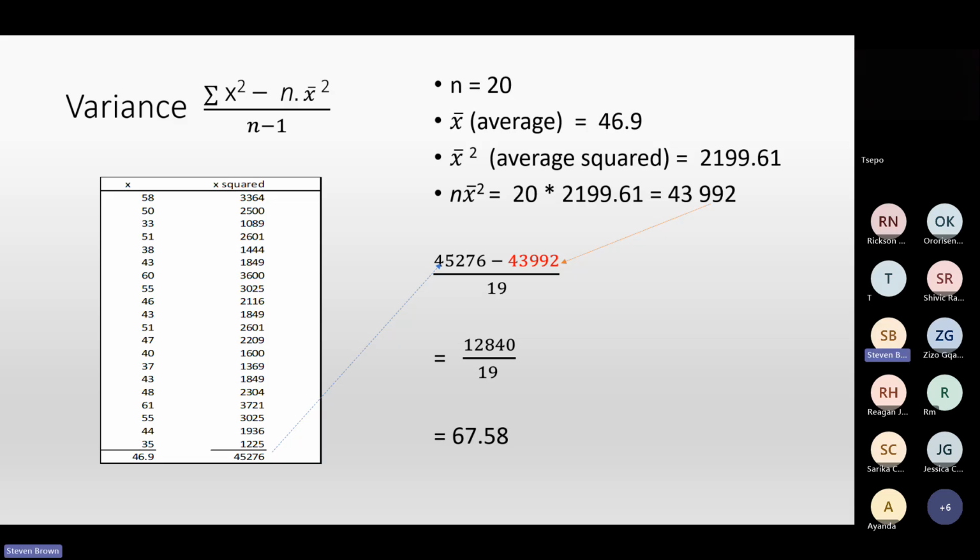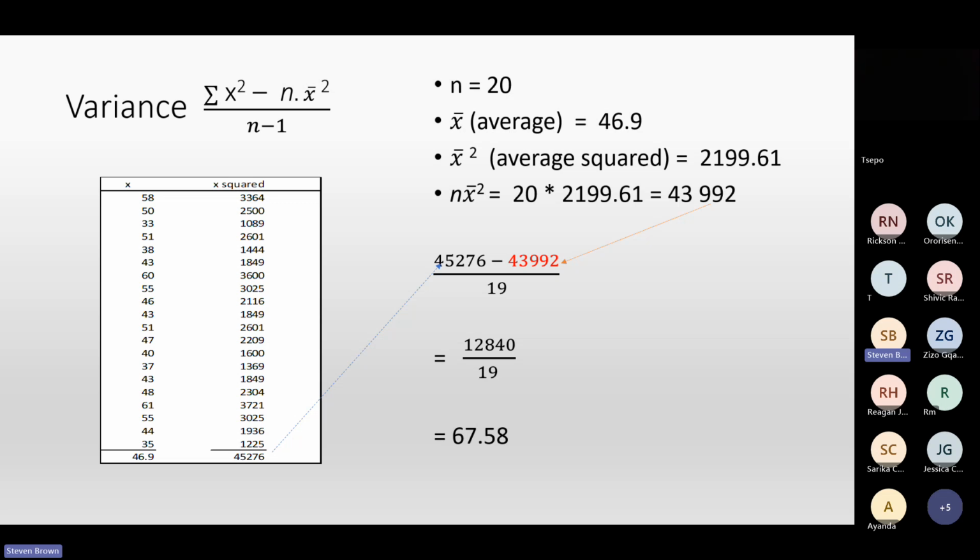and I've done the calculations here and I've deconstructed them. N is 20 in this case, not in your case, multiplied by the square of the average. Now this average happens to be 46.9. How do I find an average of ungrouped data? I add them all up and I divide by, in this case, 20.